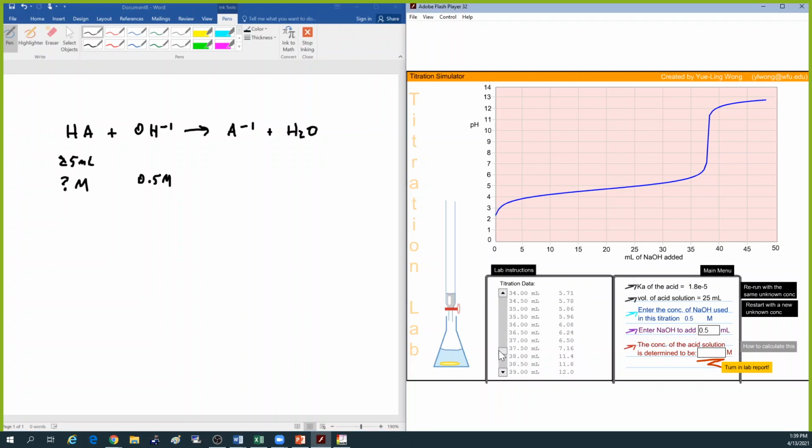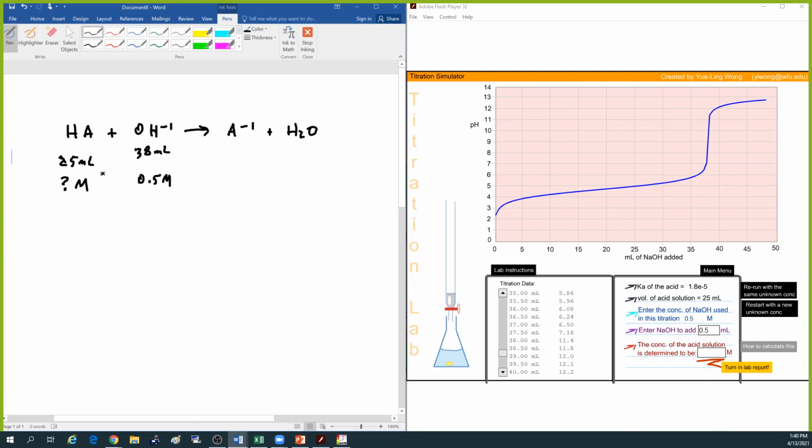I'm looking for a big leap. Oh, I think I found it. And we're pretty close, right? It's around 37, between 37 and 38. You can see the big leap. So I'll just take 38, call it a day. Close enough. So it turns out 38 milliliters of hydroxide were needed to neutralize this much acid.